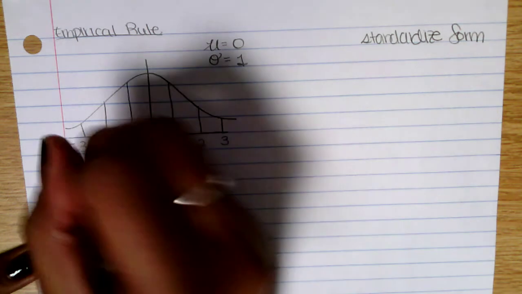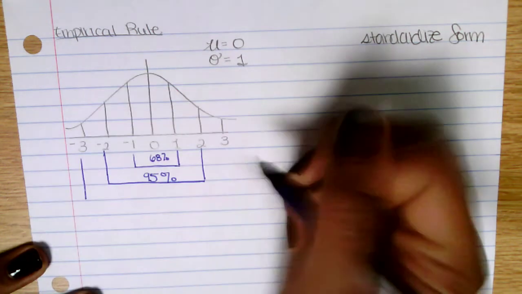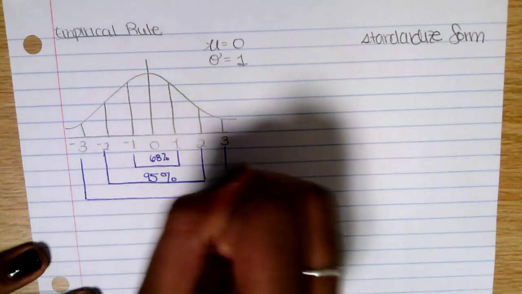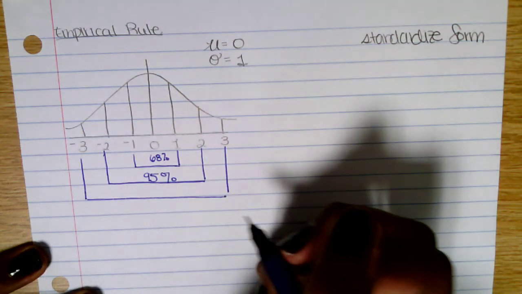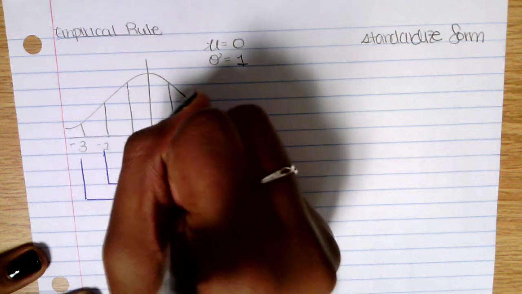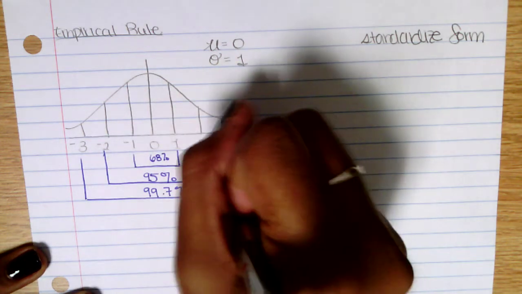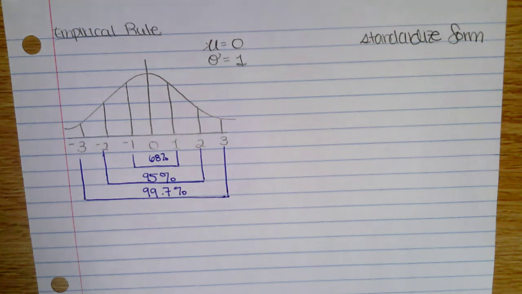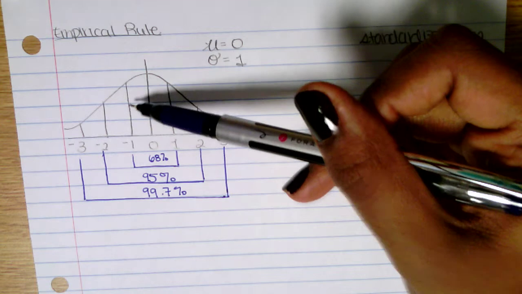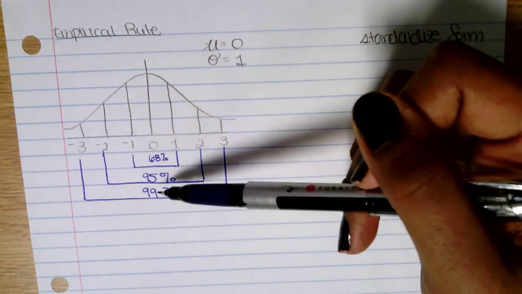And on the last one, we are going to have 99.7% of the data that will lie in this interval. So the empirical rule is telling us that if we're ever looking for something, we should be able to find it based on these numbers and what they're telling us.